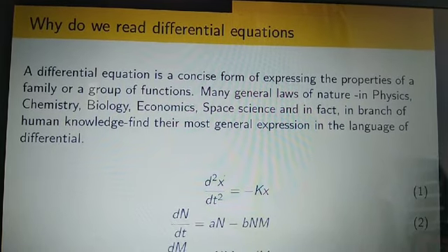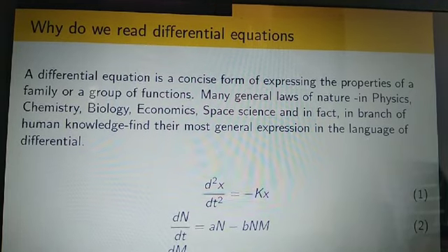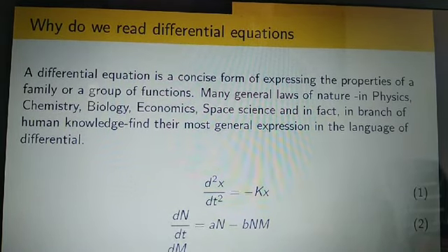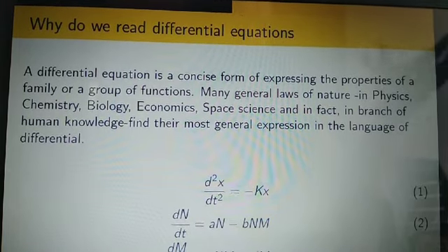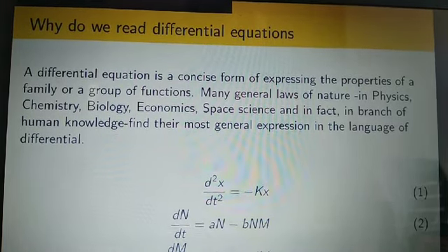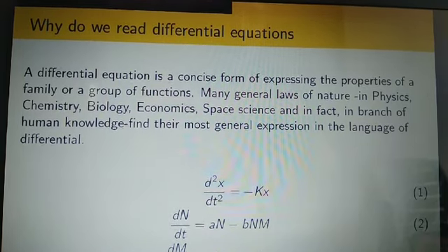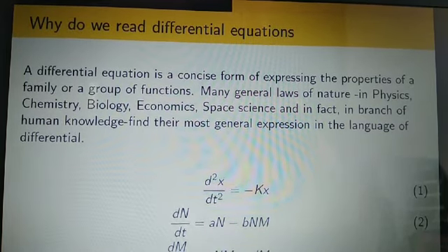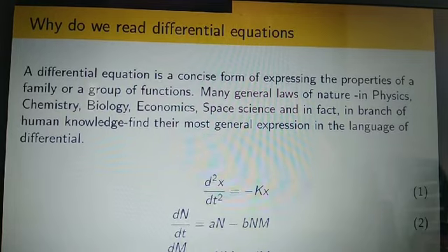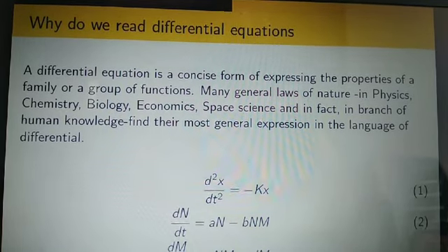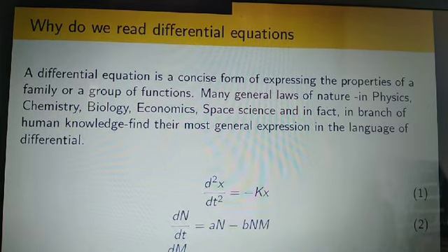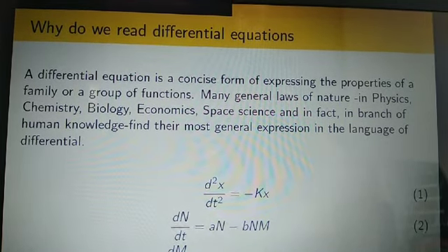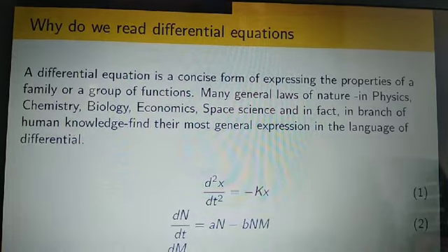That is a differential equation. And here we have given 2 different examples of differential equations which can be derived from our real situational world. First one is d2x/dt2 equals minus kx. It is the simple pendulum motion. How a simple pendulum behaves can be described by this differential equation.